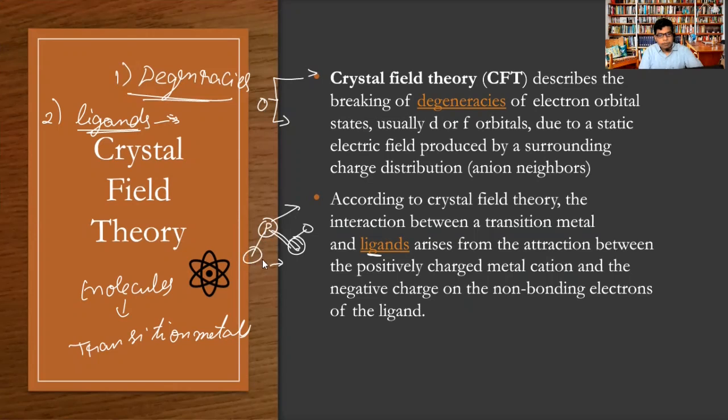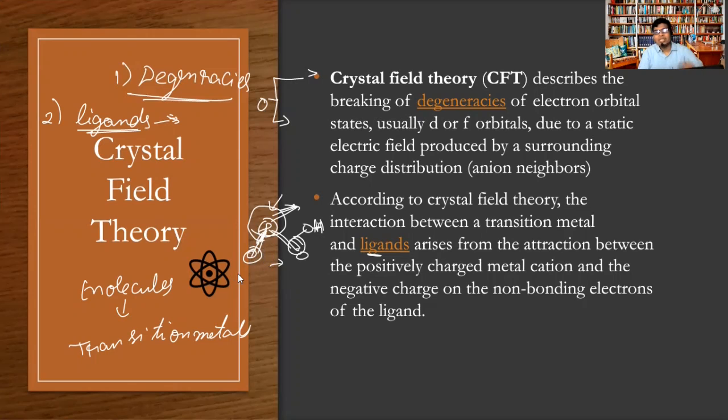Let's say this is O, let's say this is O, H. I'm just giving you a small imaginary diagram here. What are ligands? If this is the central atom, then these are ligands. Why? Because they're connected to the central atom. The ions which are connected to the central atom are called ligands.